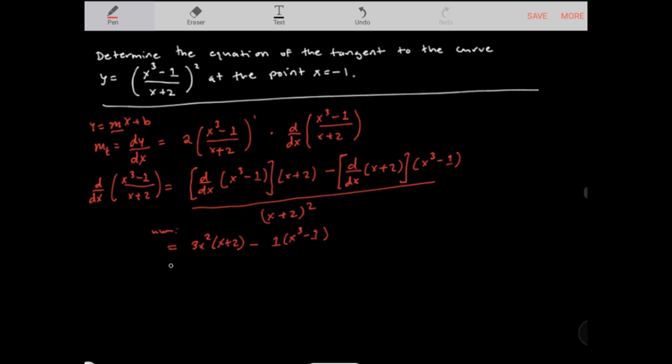If I clean this up by expanding it, this is 3x cubed plus 6x squared minus x cubed plus 1.